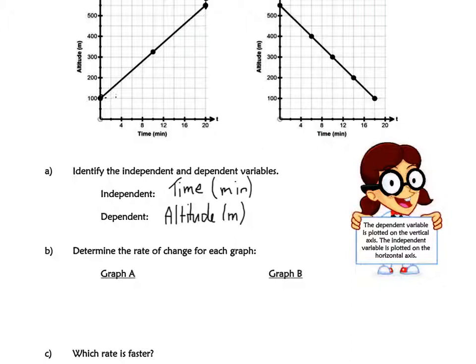If we draw a little path from one point to the other, we can calculate the rise between those 2 points, or the change in the dependent variable, which would be from a height of 100 up to a height of 550, so that would be 450 meters. And then we can look at the change in the independent variable, which would be from 0 to 20, so that would be 20 minutes.